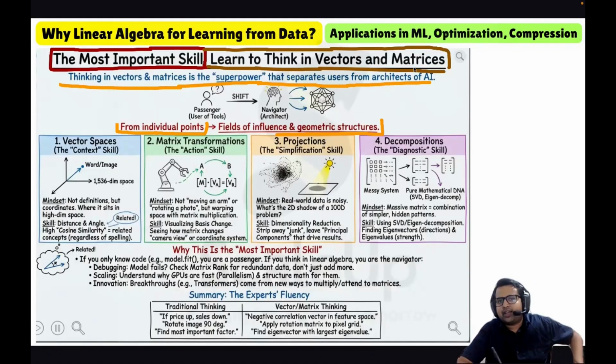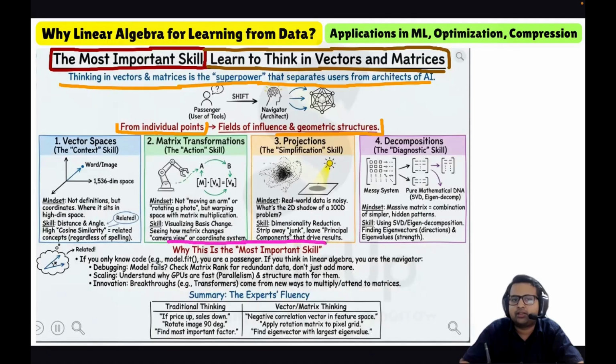Now, let us get a realization why thinking in terms of vectors and matrices is the most important skill. Why it is the superpower. See, if you only know the code, you are a passenger. But if you think in linear algebra, you are a navigator.